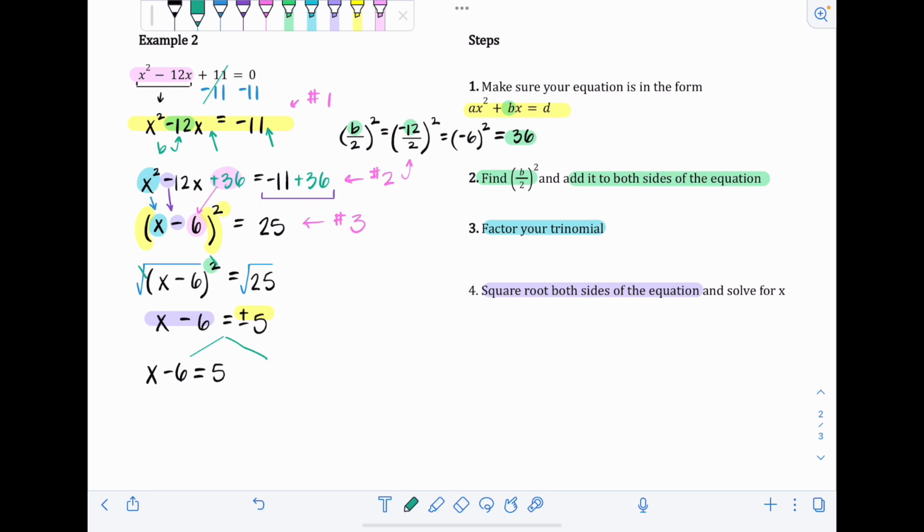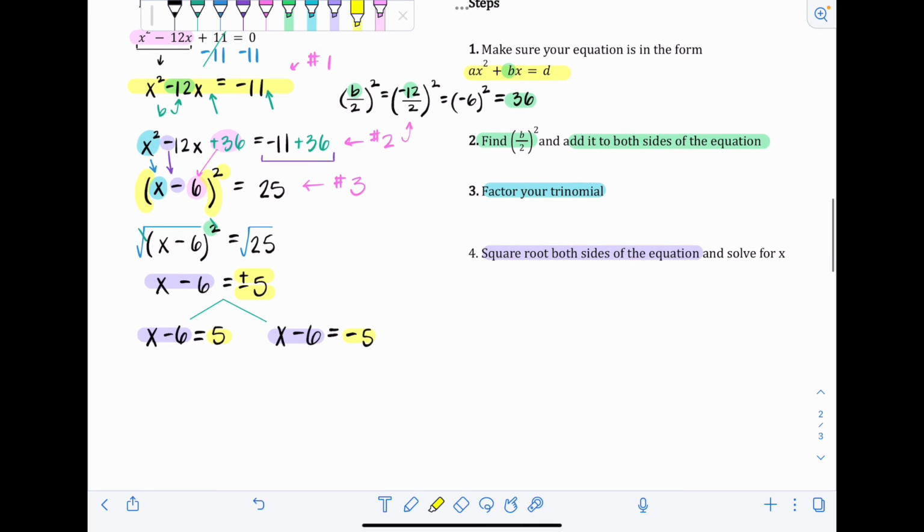And then one will have a negative 5. So the x minus 6 will stay consistent. x minus 6 is equal to negative 5. The first part of the equation, the x minus 6 part, stays completely consistent. And the only thing that changes between the two equations is one is going to be a positive 5 and one is going to be a negative 5. And now we solve each separately for x.